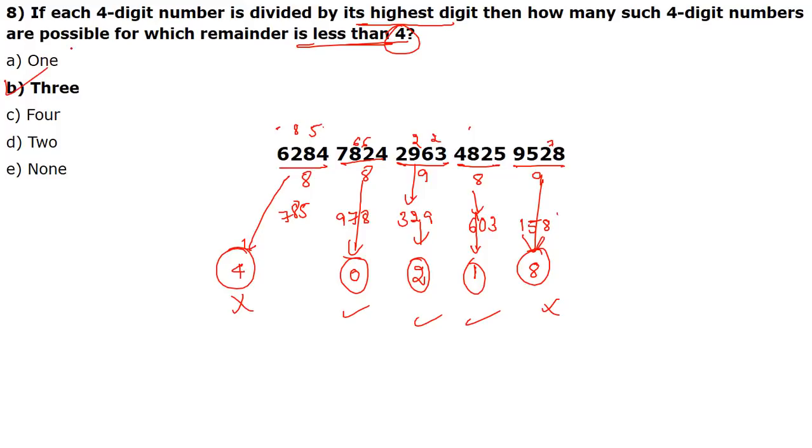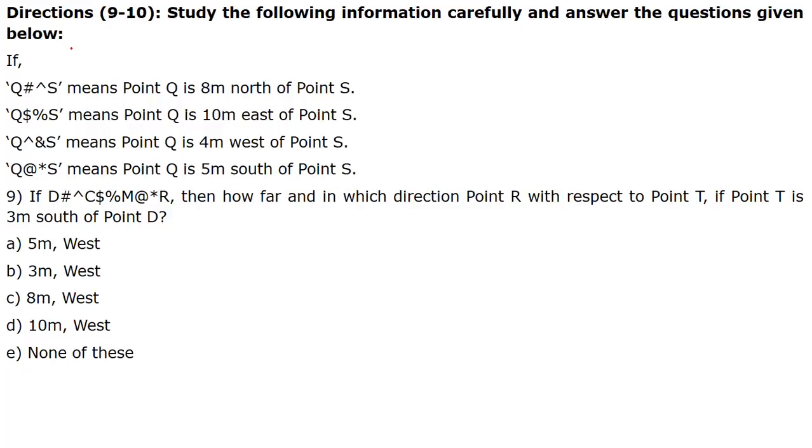So let us check out the next question, which is based on directions. The directions are given for question numbers 9 to 10. Study the following information carefully and answer the given questions below.